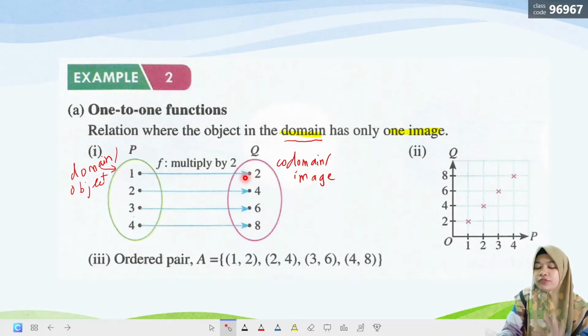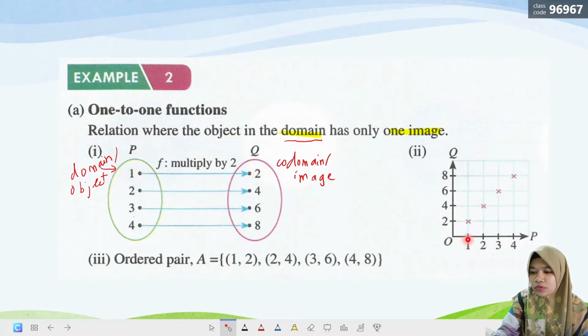If you represent this function by using a graph, you will get this one. The x-axis must be the domain, or the object, and the y-axis must be the codomain. Then you plot based on the pair. 1 is mapped to 2.